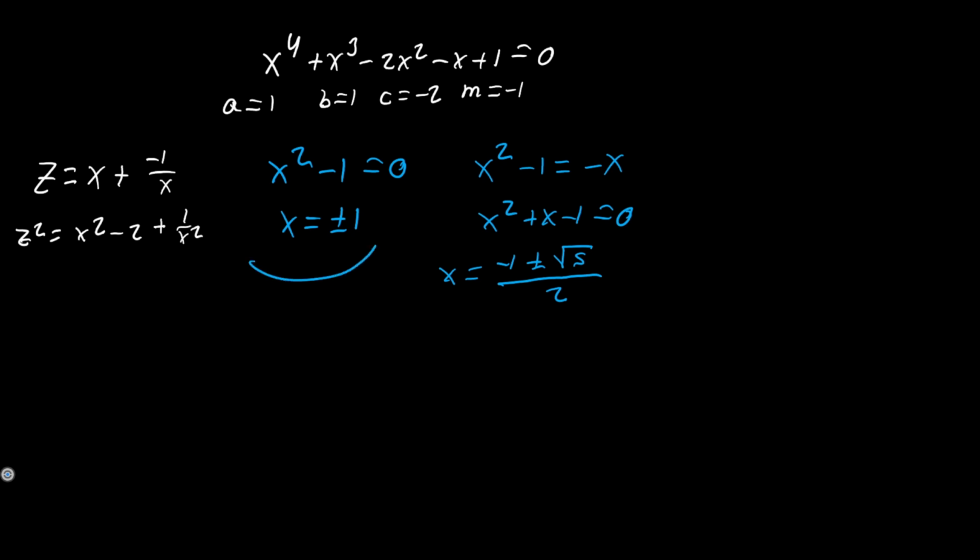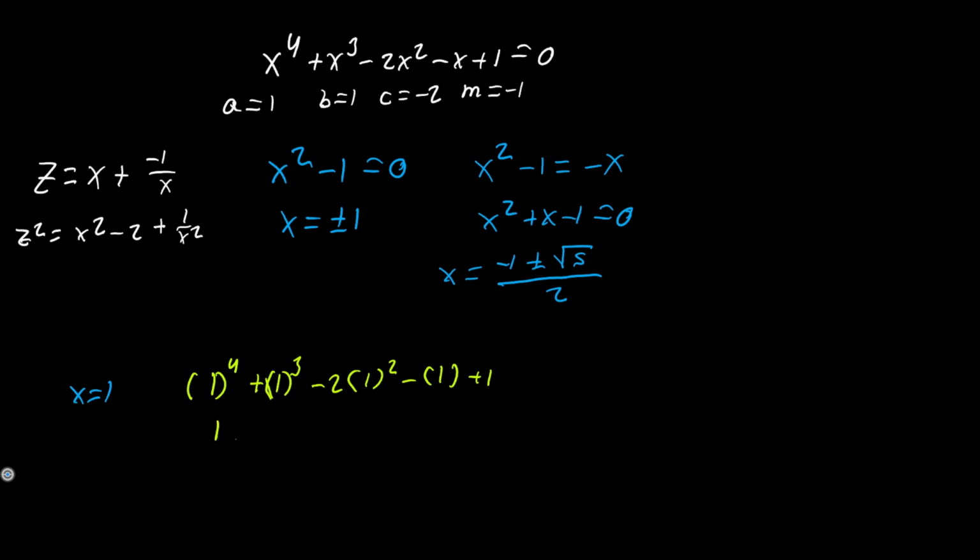So we will just verify that this is a solution since that is a much easier example. So we're going to set x is equal to 1. So we have 1 to the power of 4 is 1. So we're going to have plus 1 cubed minus 2 times 1 squared minus 1 plus 1.